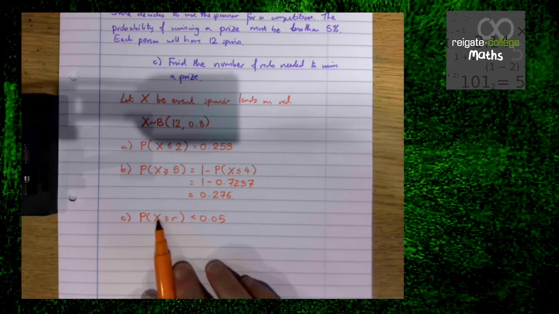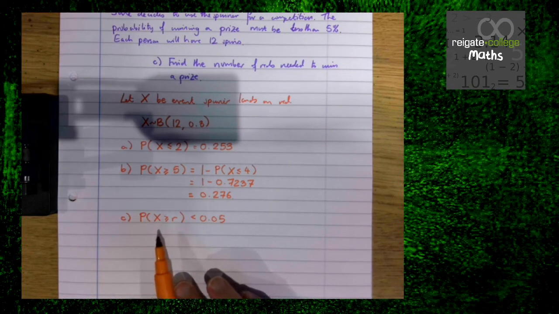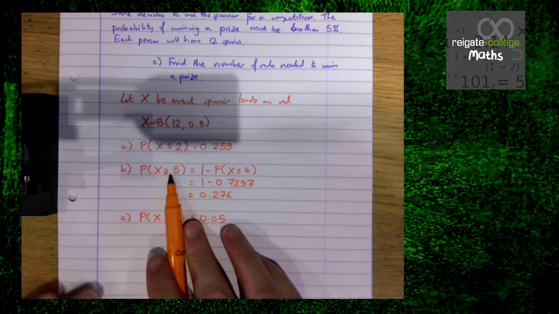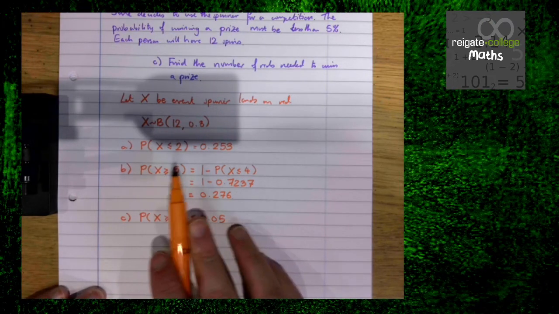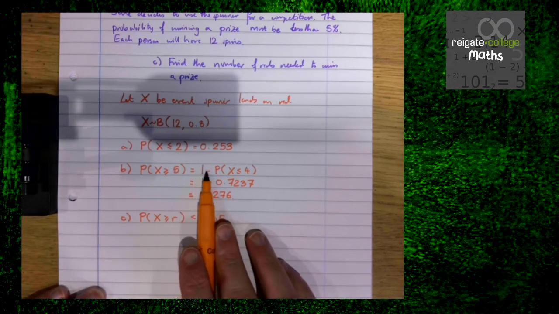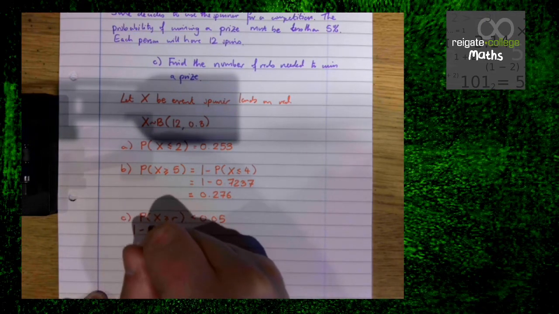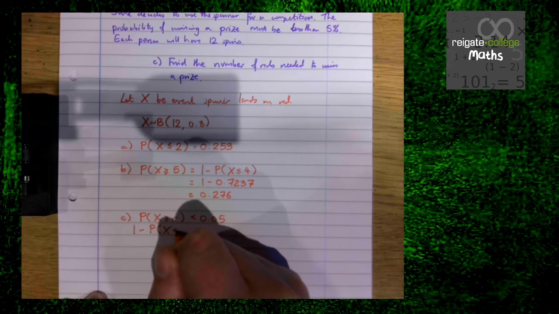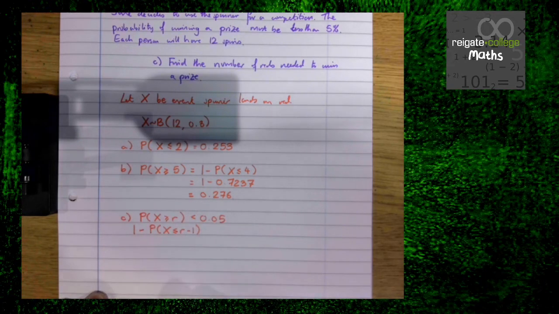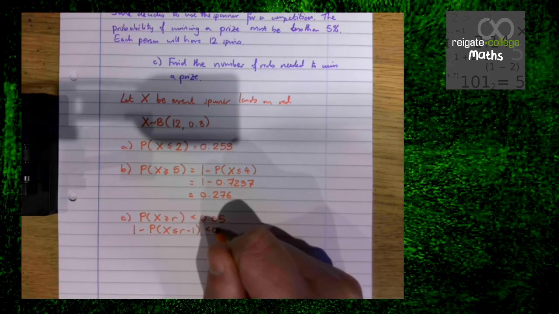Now our calculator can't cope with greater than or equal to, so we need to rearrange it to a less than or equal to. And we've already seen how we do that. Here we had greater than or equal to 5. We made it 1 minus less than or equal to 4. So we can change this to less than or equal to r minus 1.